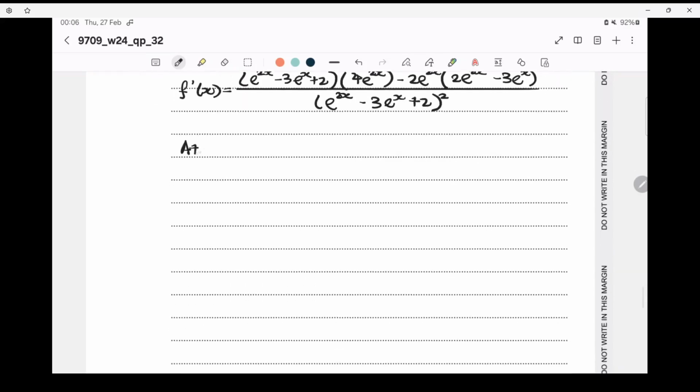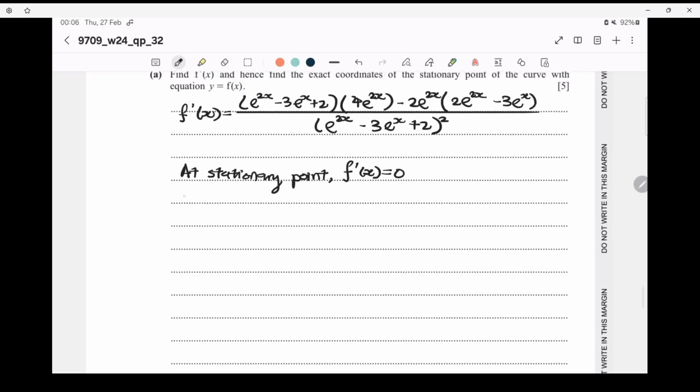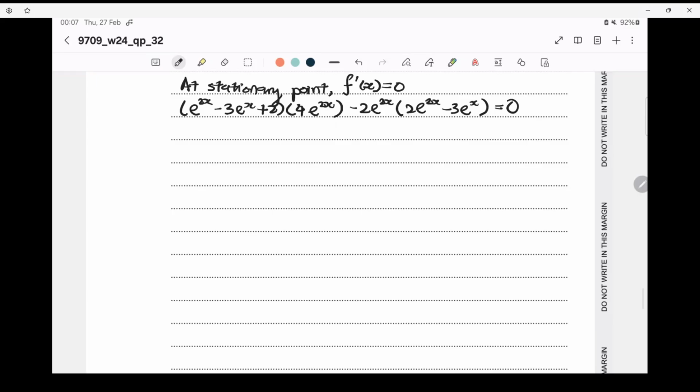And at the stationary point, your first derivative is 0. So only the numerator counts. So write down the numerator, and then expand everything. You will get e to the power of 2x that you can factorize out.